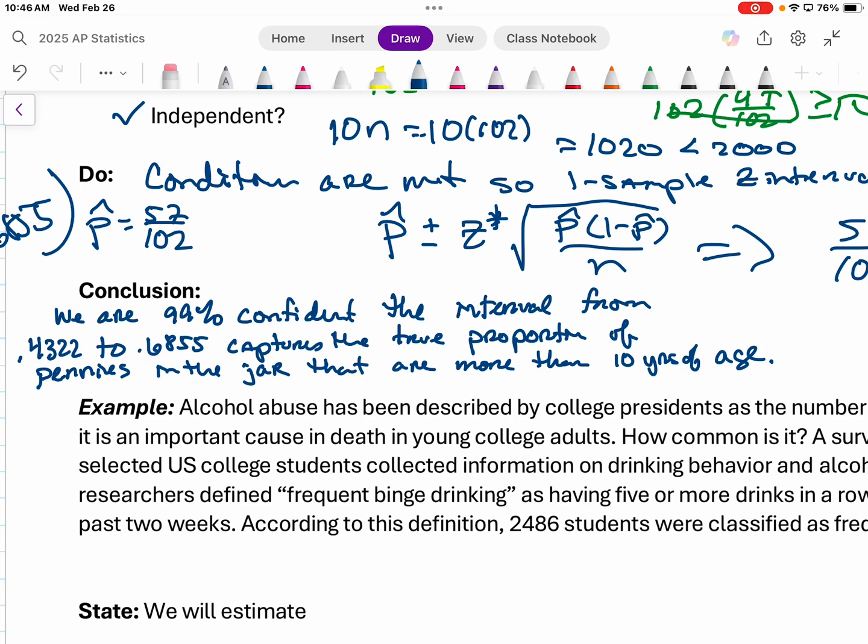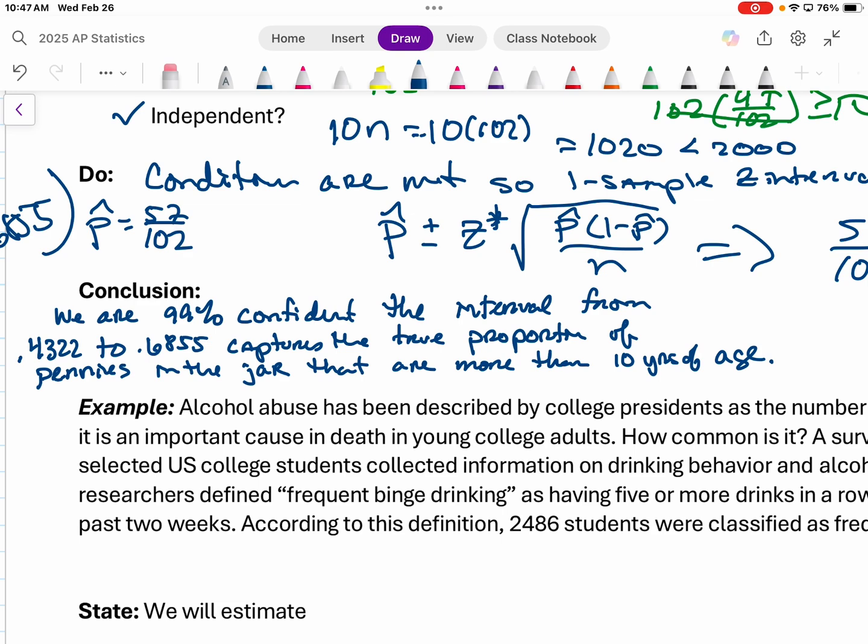Now, that's a pretty broad range. Remember, yesterday we talked about the bigger the confidence level, there's some sacrifice. The bigger the confidence level, the wider the range. So because we're going from 43% to 68%, that's a 25% range.